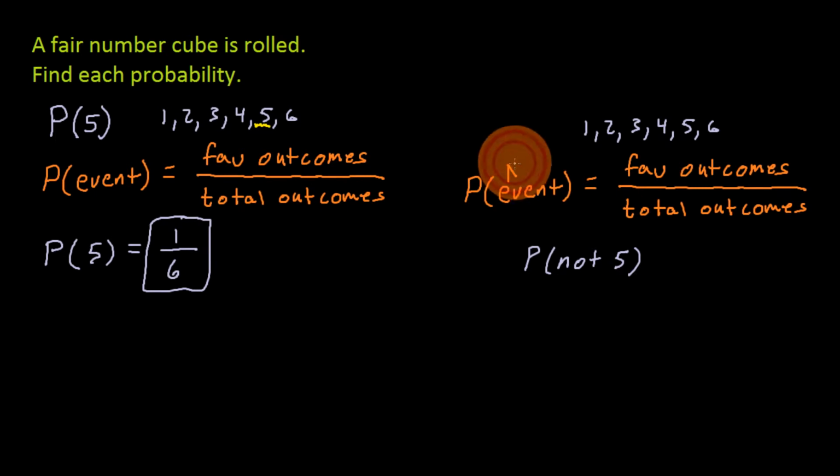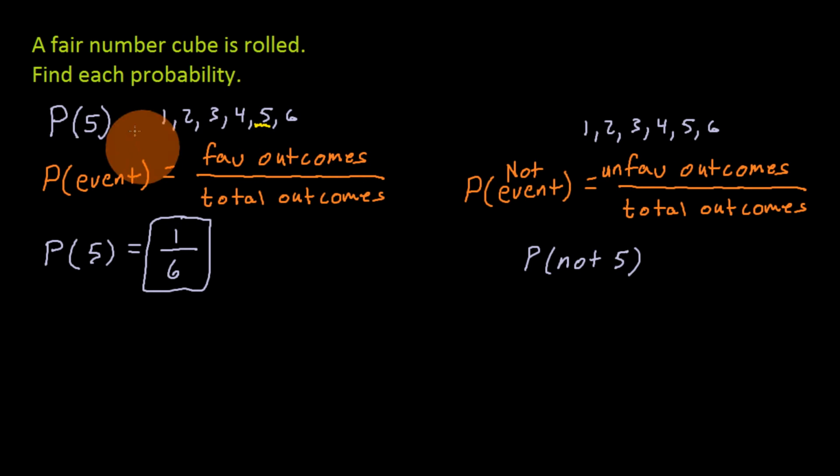So the probability of this event not happening cannot be equal to the number of favorable outcomes, because favorable outcomes deals with an event actually happening. So we have to deal with the opposite. Since we are looking at an event not happening, we're just going to write the opposite of favorable, which is unfavorable. So let's just put a U and an N in front here. The number of unfavorable outcomes over the total outcomes.